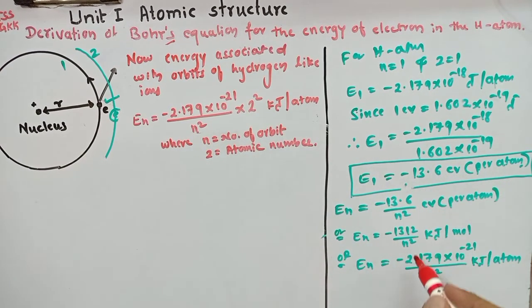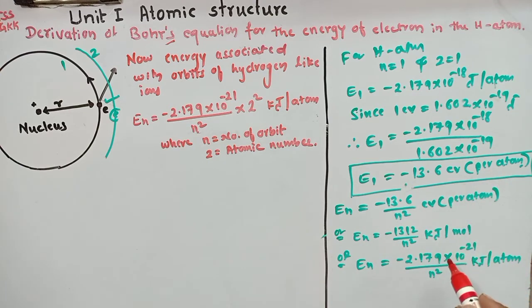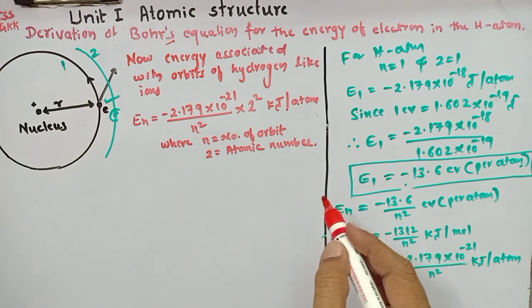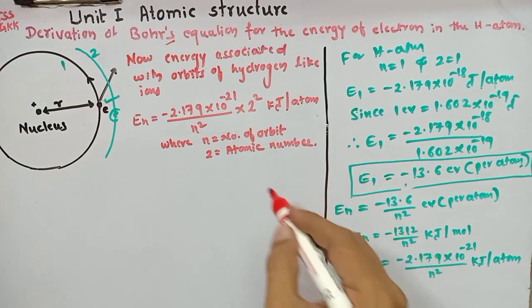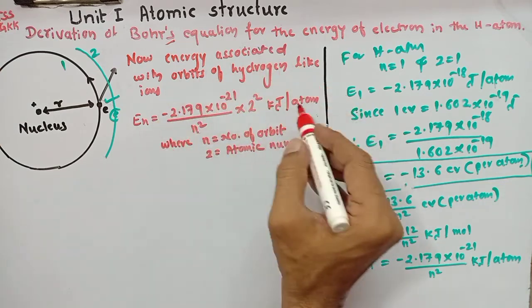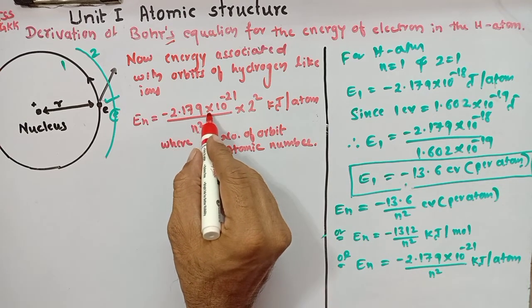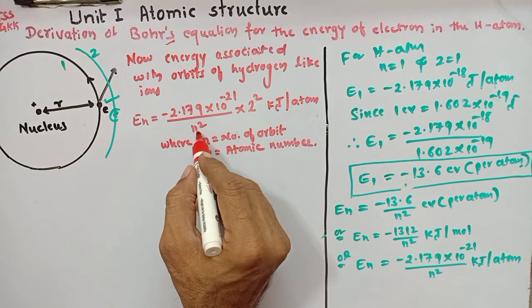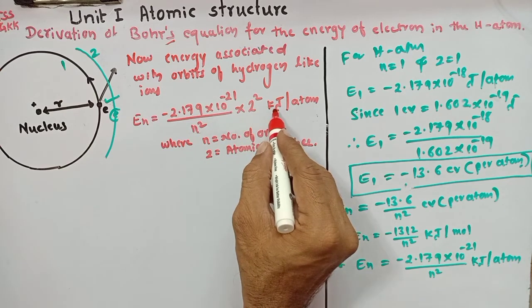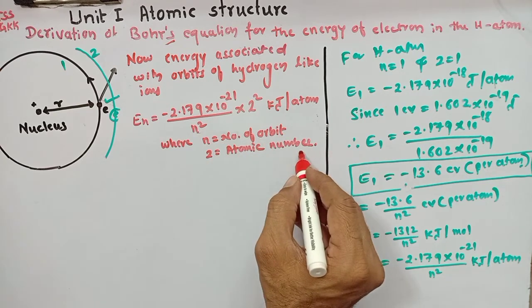Now, these equations give us the energy of an electron in the nth orbit of the hydrogen atom. Now the question is how to find the energy of an electron in the orbits of hydrogen-like ions. For that you have to use this relation, En is equal to minus 2.179 into 10 raised to minus 21 divided by n square into Z square kilojoule per atom, where n is the number of the orbit and Z is the atomic number.